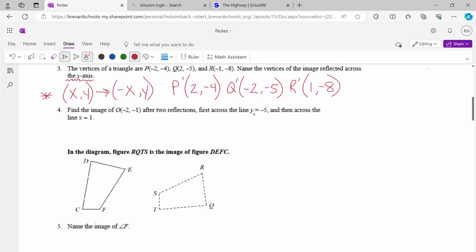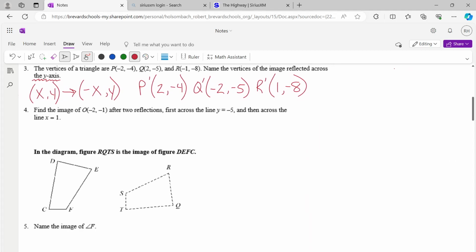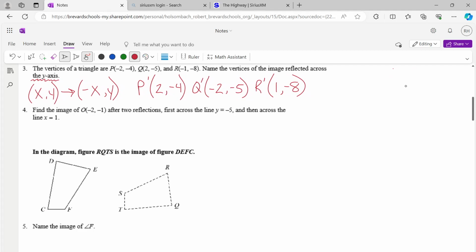Let's get the point down first. We're at -2, -1 to begin with. So -2, -1. Right here's our original point.